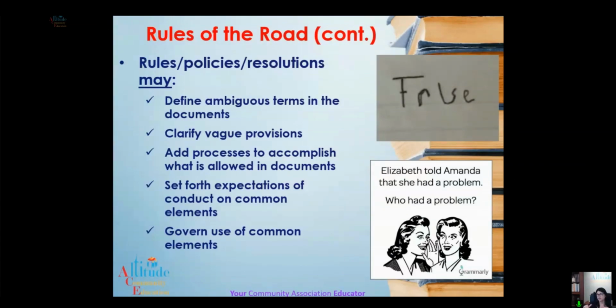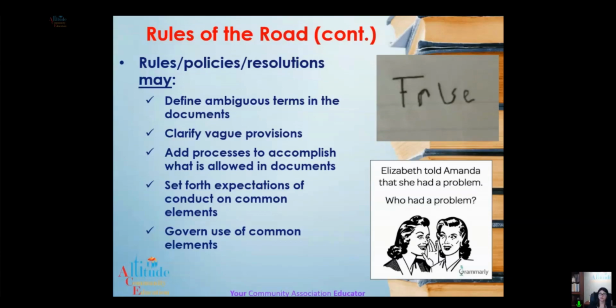It's kind of like the two pictures on the right, both somewhat ambiguous. So if you have an ambiguous term in the document, in your declaration, you can have a rule defining it. So for example, you can have something like no loud noises. We've seen that in documents before.